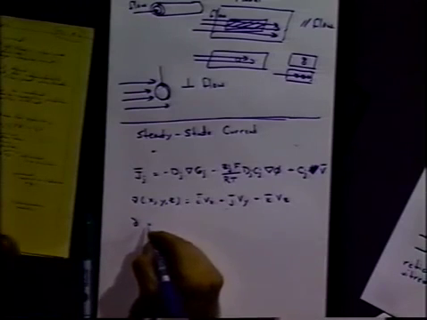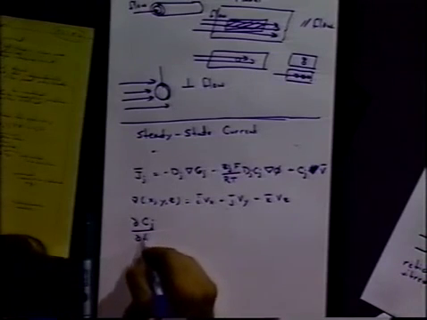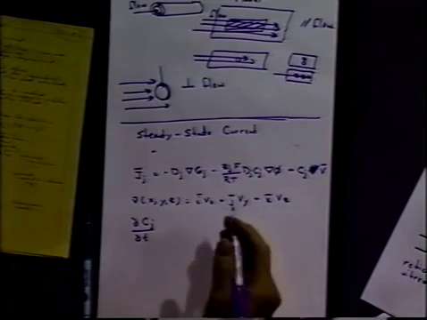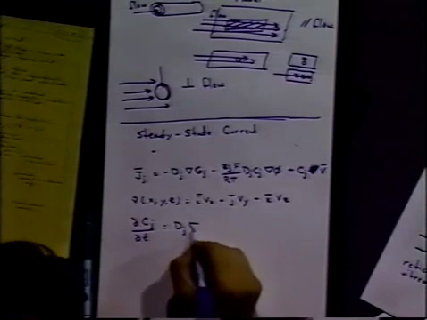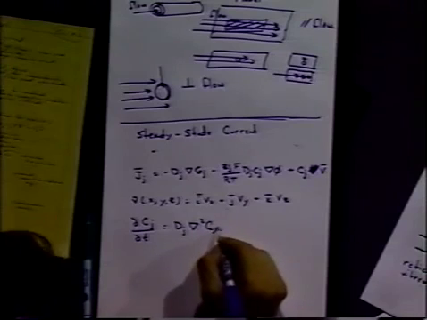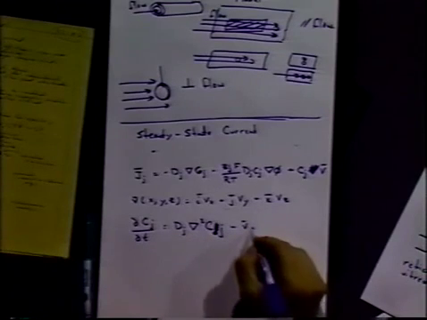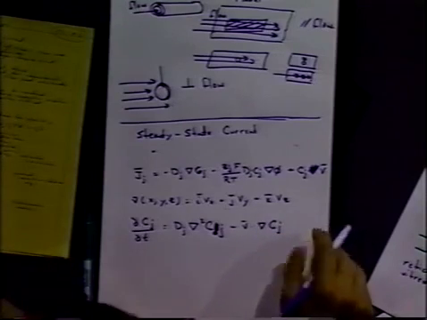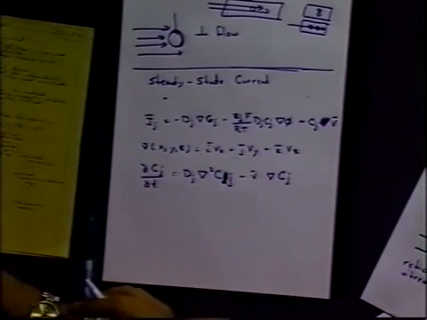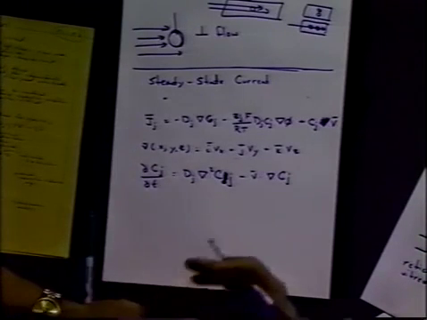If we rearrange that, we get our general convective diffusion equation, where the concentration of species J as a function of time is equal to the diffusion term, C sub J, minus the convective term, C sub J. Again, just like in the diffusion case, we often restrict ourselves to one dimension to make it easier on ourselves.